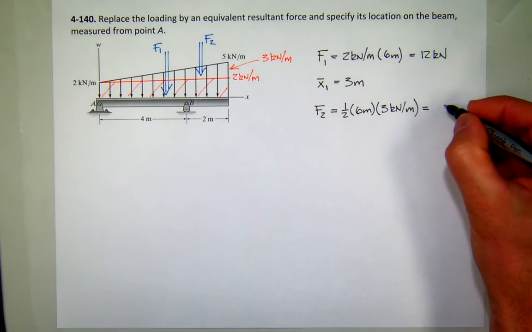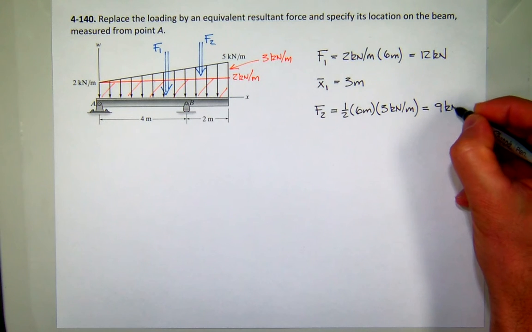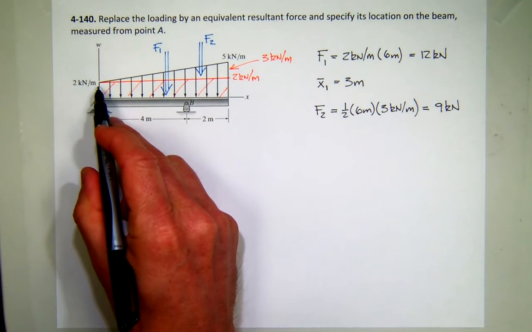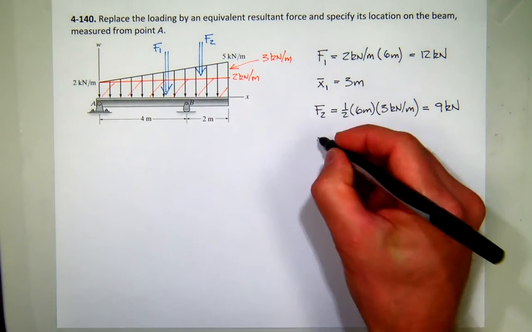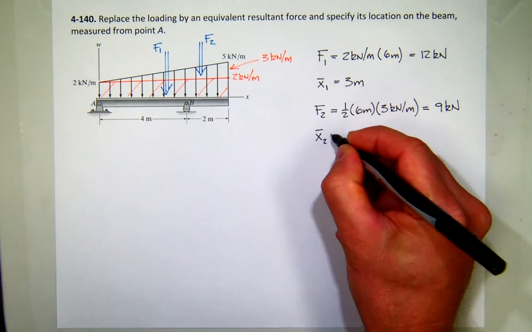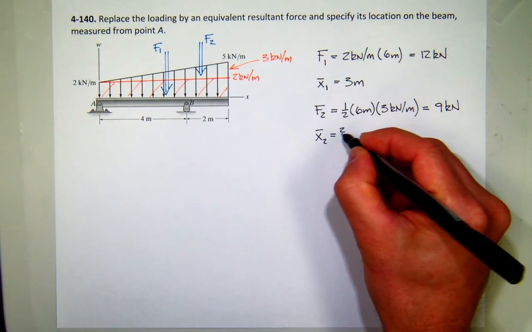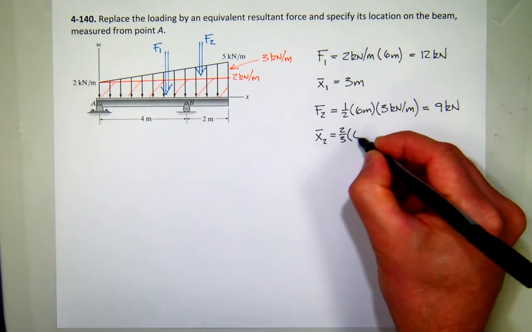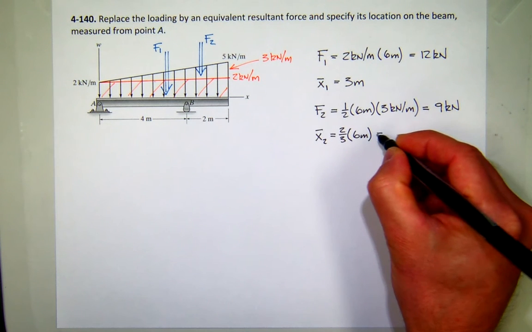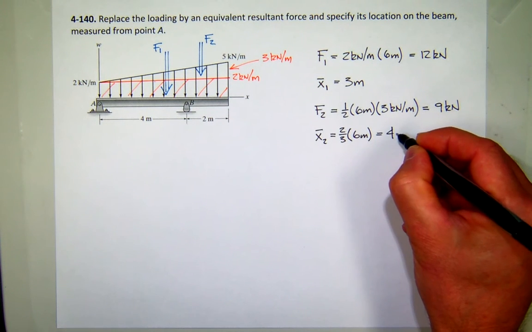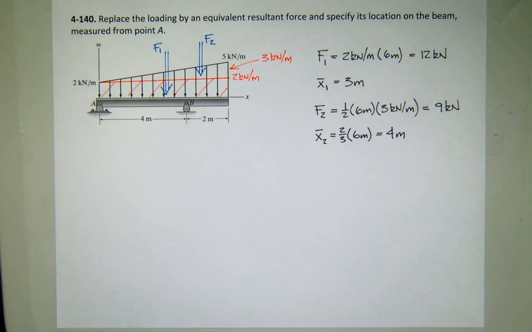So that's what, 9 kilonewtons? Now its distance from A, again, in this case, would be 2/3 of the distance. 2/3 of 6 meters is 4 meters. Okay? So I've got the components.